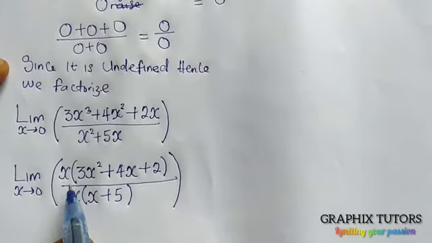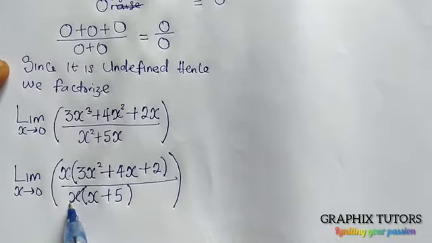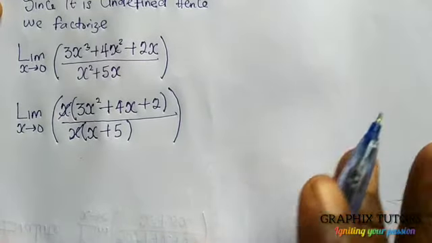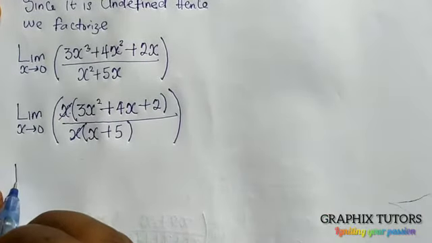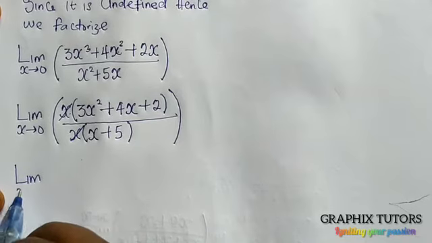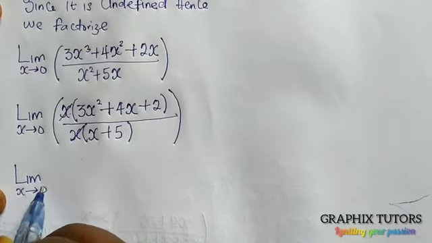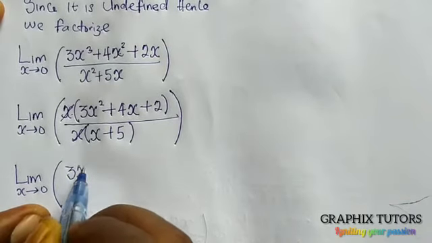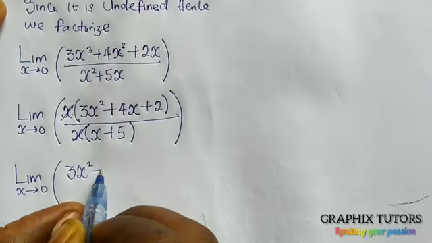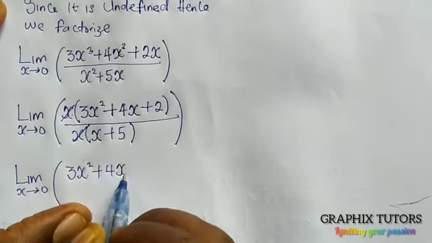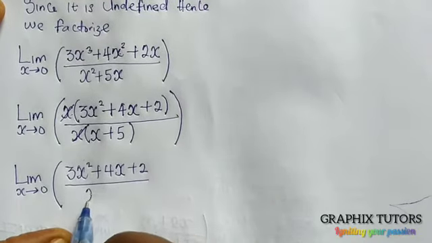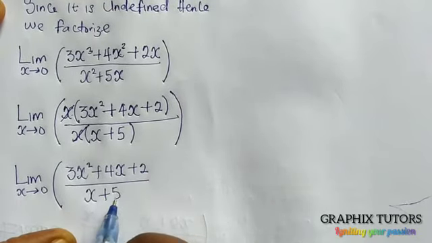Since they are both multiplying each other, the common x cancels. So we'll be left with the limit of x tends to 0 of (3x squared plus 4x plus 2) all over (x plus 5).